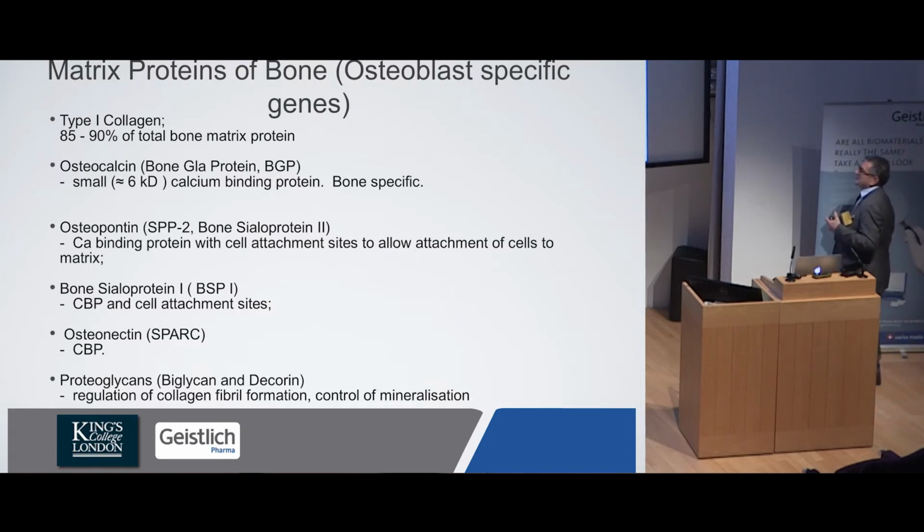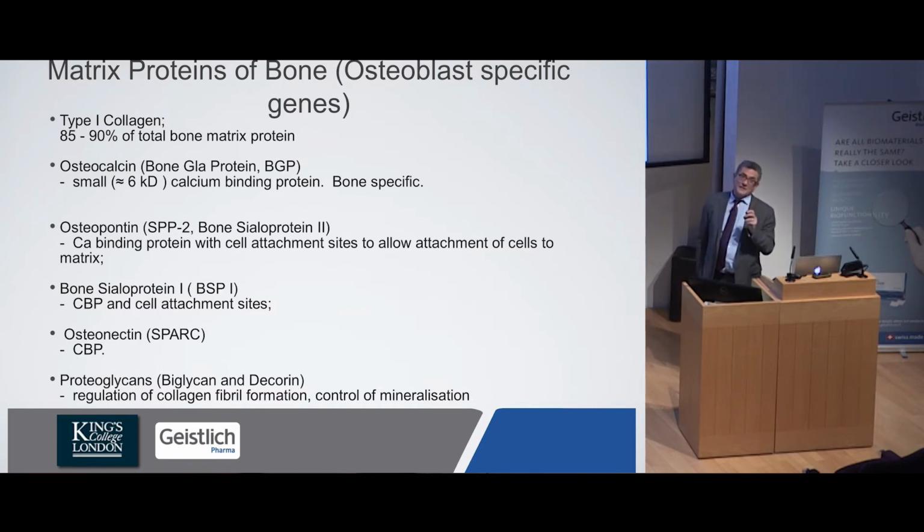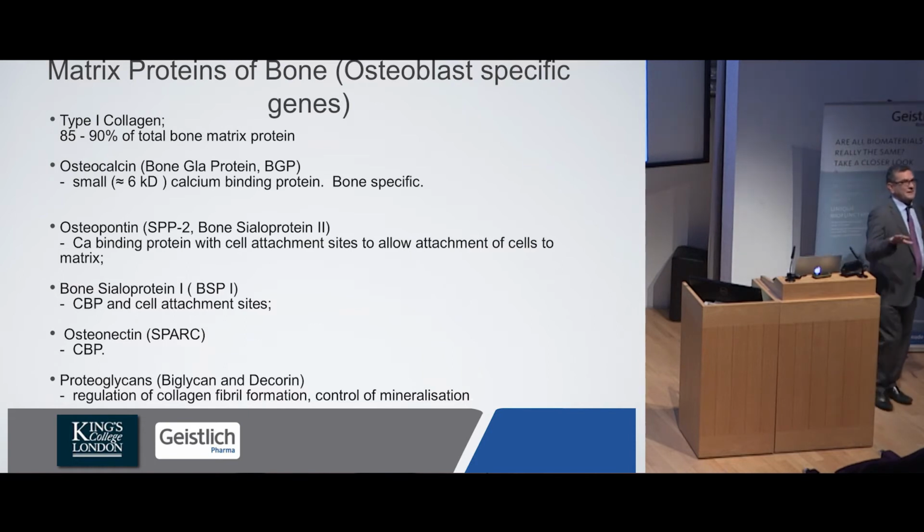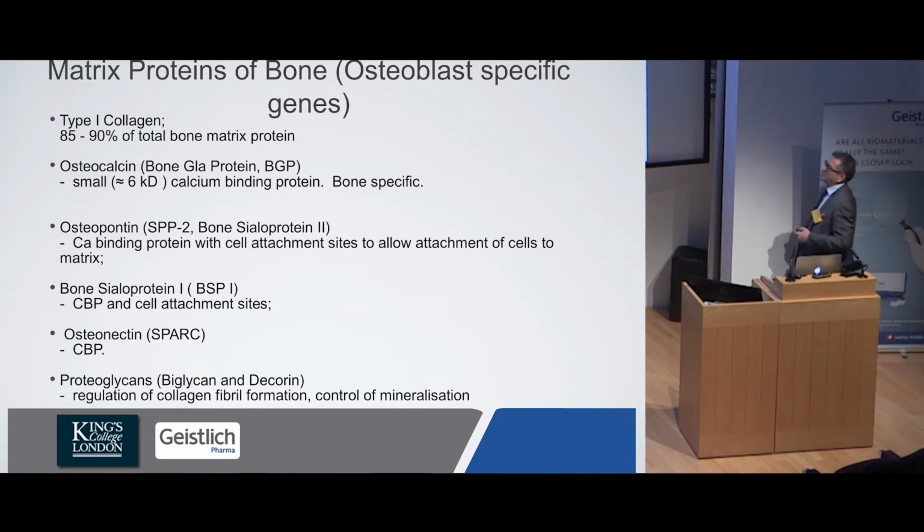Osteopontin is a very interesting protein about which I'm going to say a little bit more, because it's particularly important in acting as a bridge between the matrix and the cell. When a cell sticks to collagen, for example, it doesn't stick directly to collagen, it sticks to osteopontin, which is forming the bridge, hence the name osteopontin.